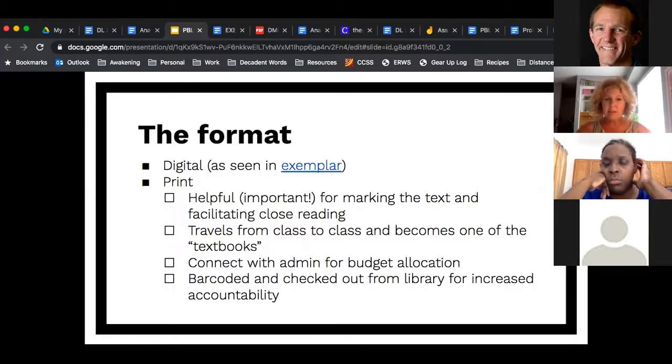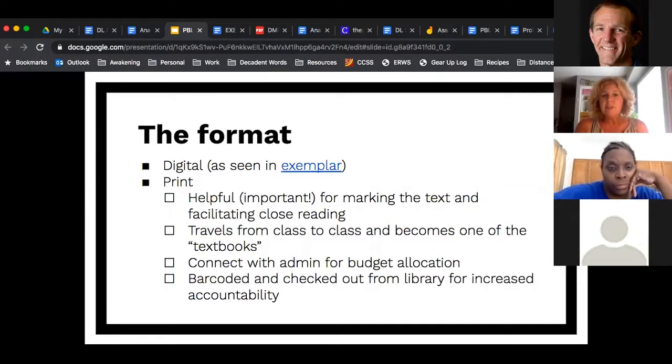Then we send it to, what's that called? What's the district place? Print services. Print services, thank you. It gets sent over to print services. Again, it comes out of a portion of the budget, and then they come back, they get barcoded, and when students do their textbook checkouts, that's one of the things that they check out.